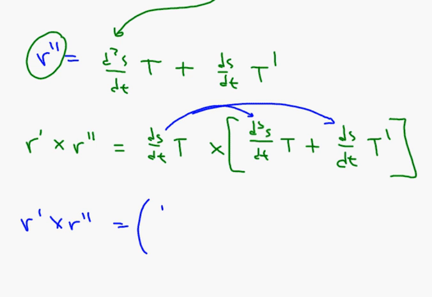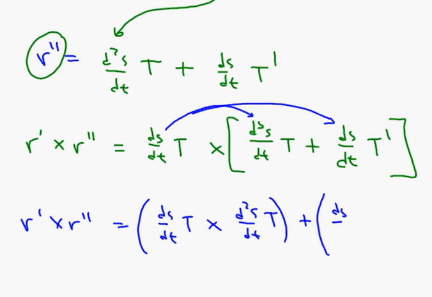We end up with this expression: ds/dt T cross d squared s/dt squared T, plus this thing, (ds/dt) squared times T cross T prime.